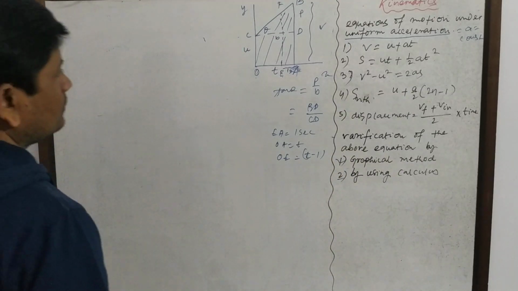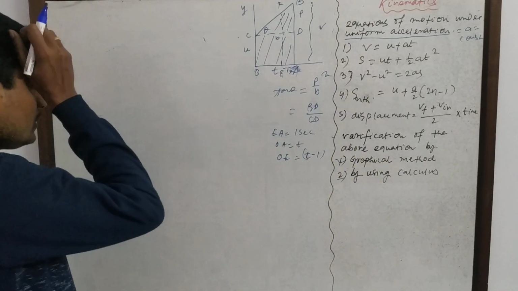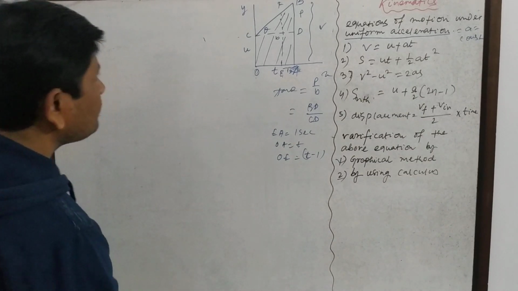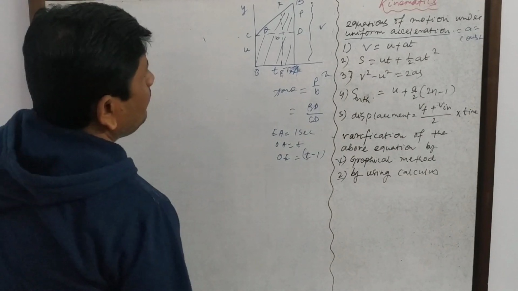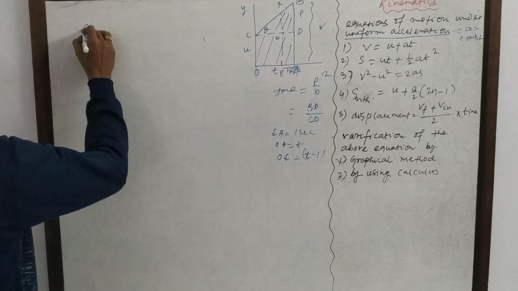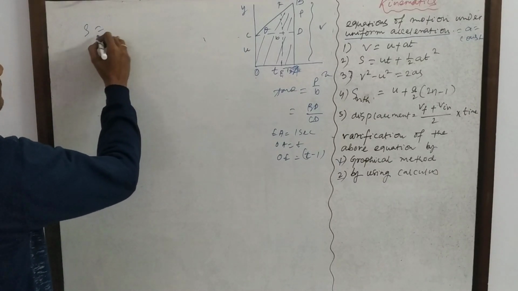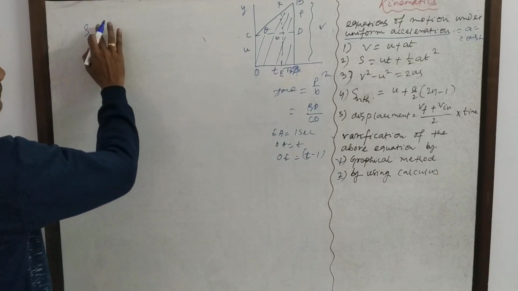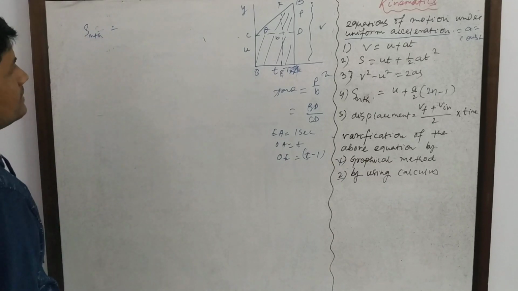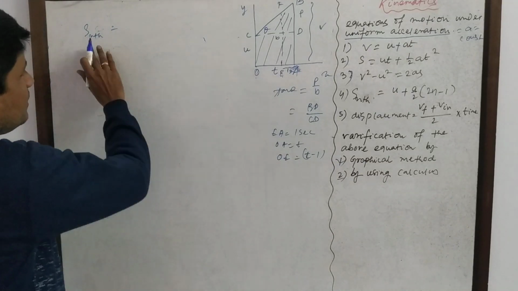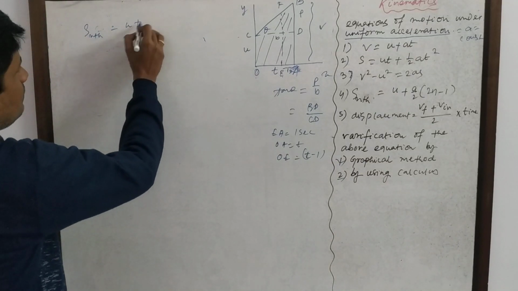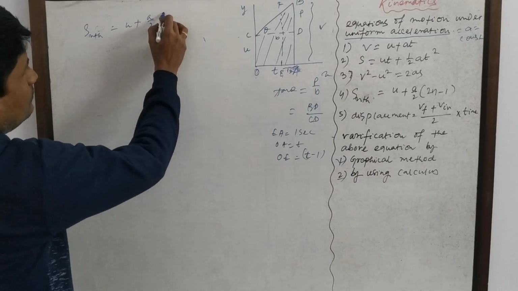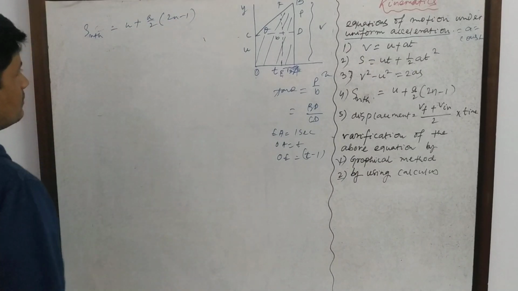This is understood? Okay. Now we have to prove S is equal to S nth, the displacement in nth second. Displacement in nth second is equal to U plus A by 2 into 2n minus 1.